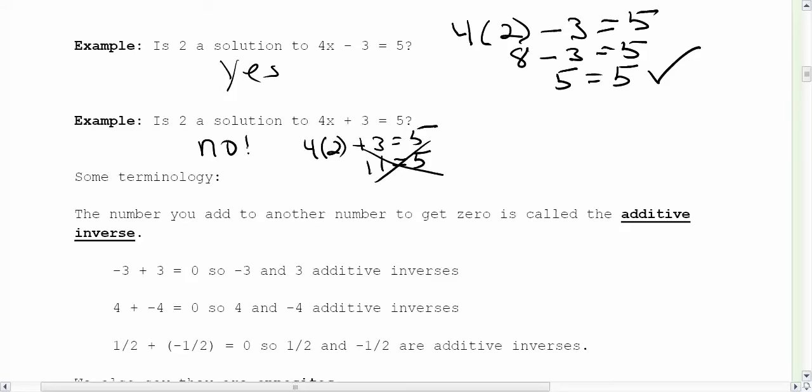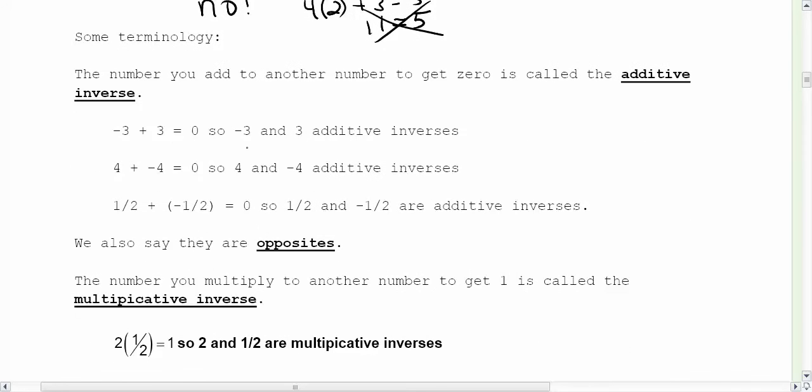So now we're going to talk about a little terminology here. The number you add to another number to get 0 is called the additive inverse. When you add two numbers together and you get 0, you say those numbers are additive inverses of one another. Another way of saying it, they're called opposites.